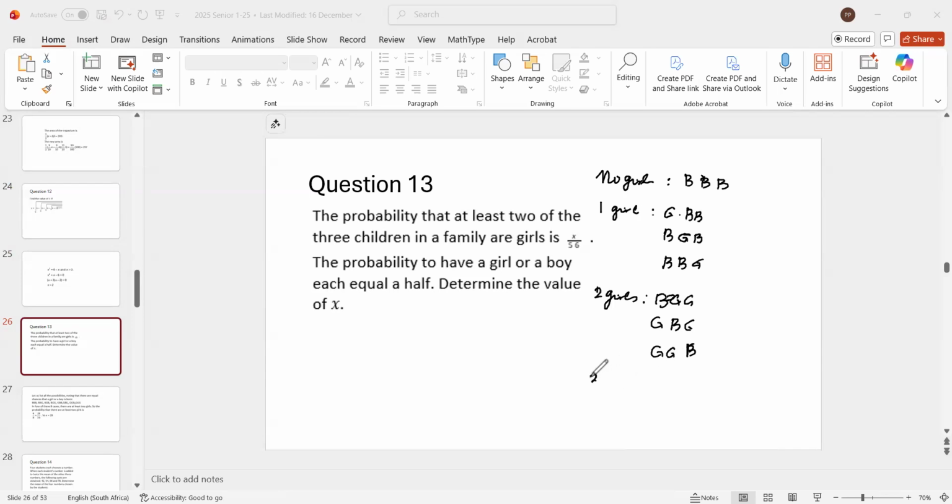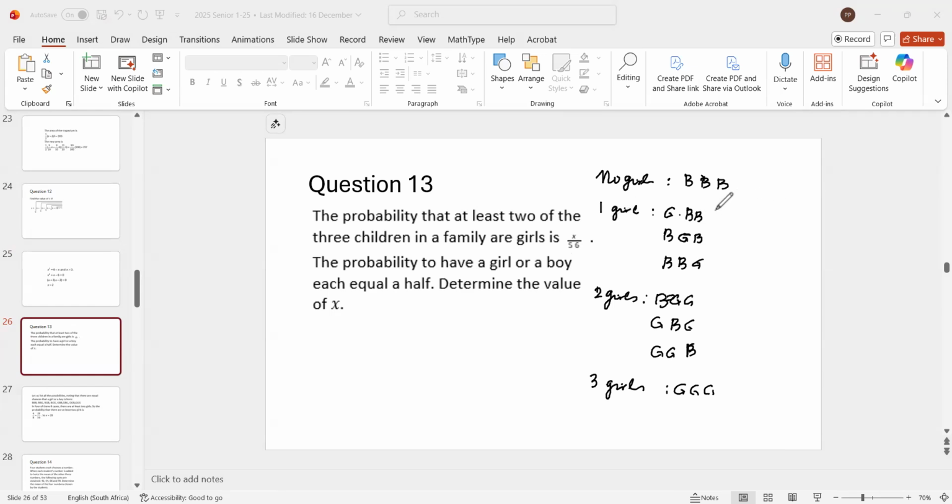And finally, three girls. Those are the only possibilities, and there are 1, 2, 3, 4, 5, 6, 7, 8, eight possibilities altogether.